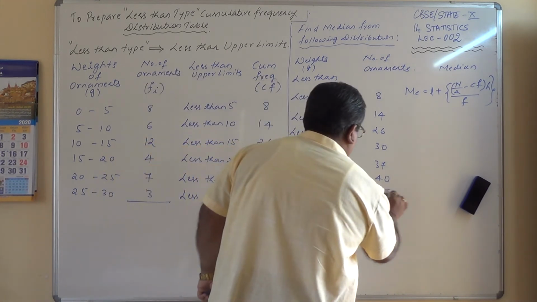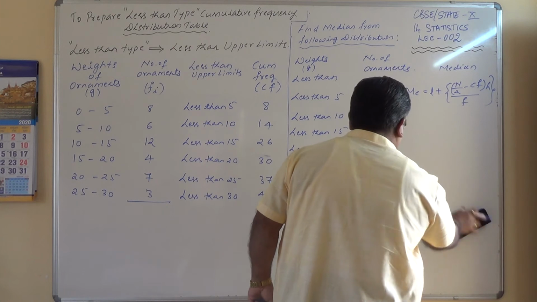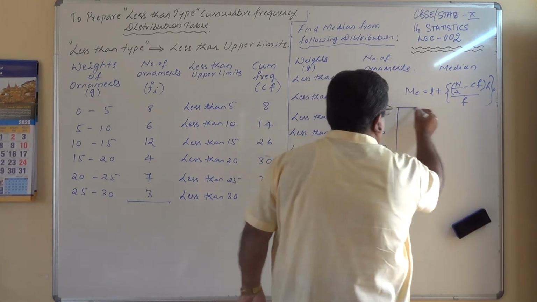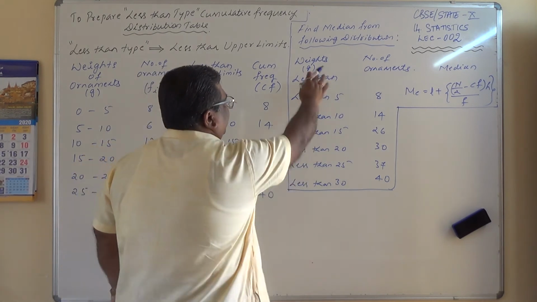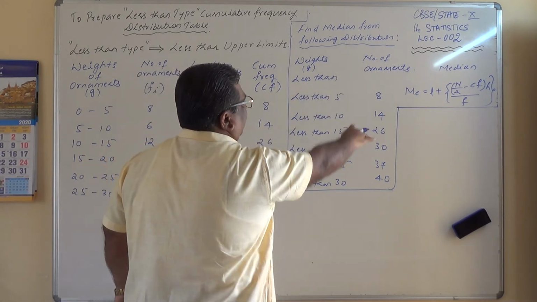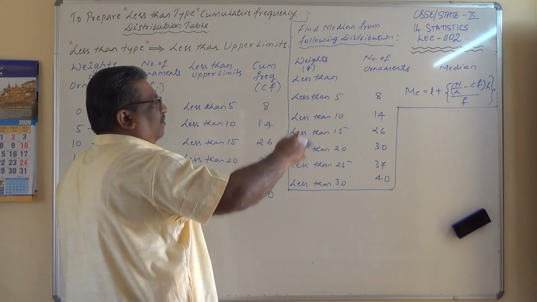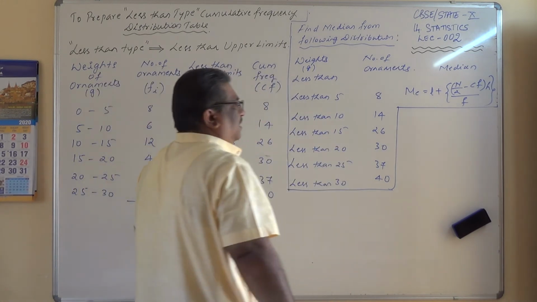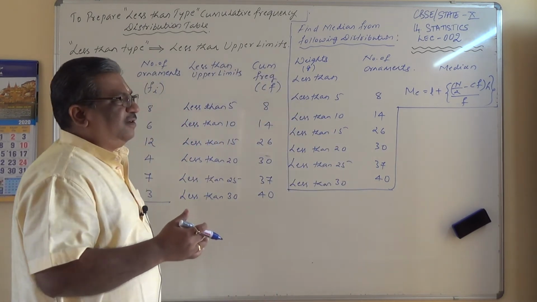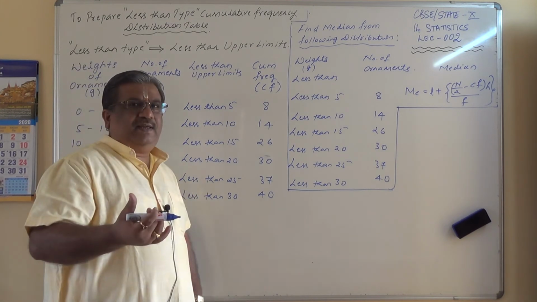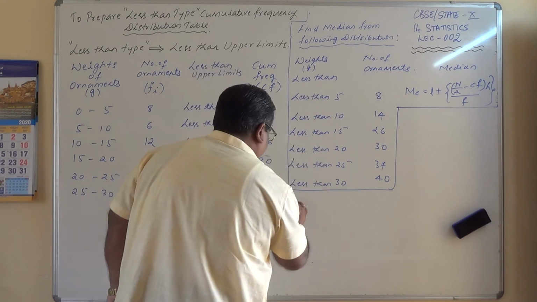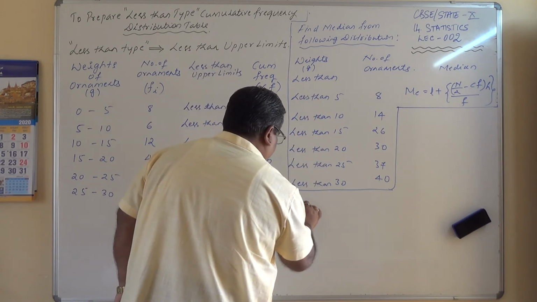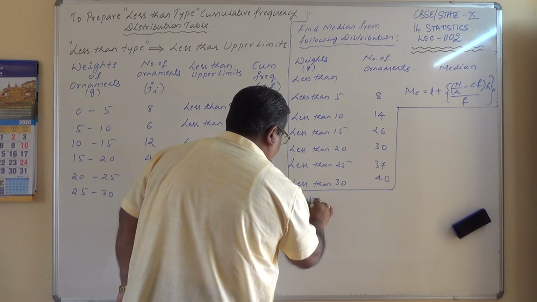So here itself below I'll write it. I'll keep this part for calculations. Now, from this chart, I have to prepare one chart that should consist of class intervals, frequency, and cumulative frequency. Let's see now how to do this. Weights. Listen very carefully, okay?